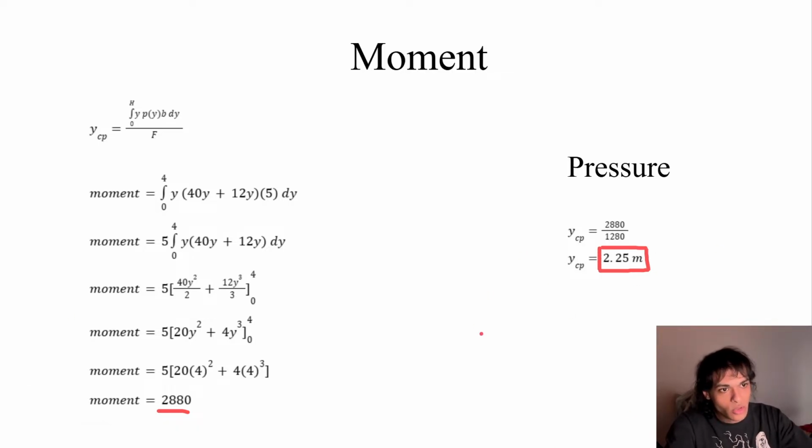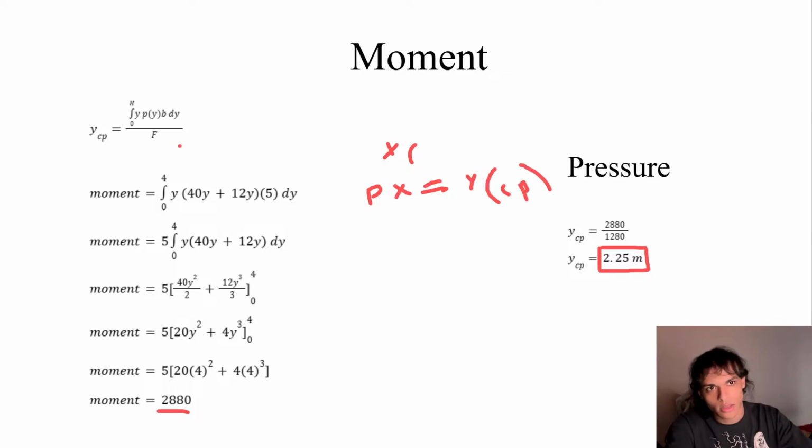So to represent this, what if we say that YCP is equal to PY? What is that going to mean? This means that the pressure is at this exact center point.